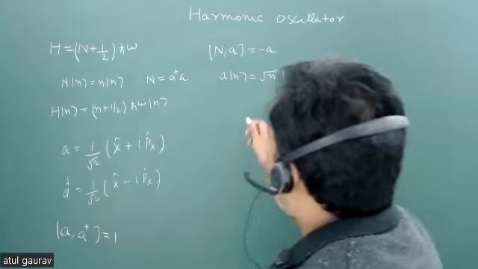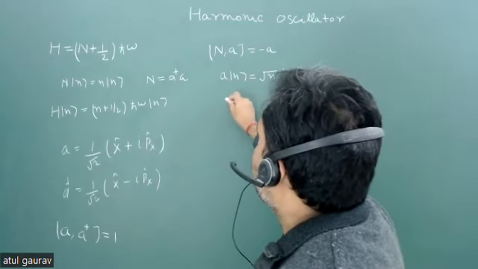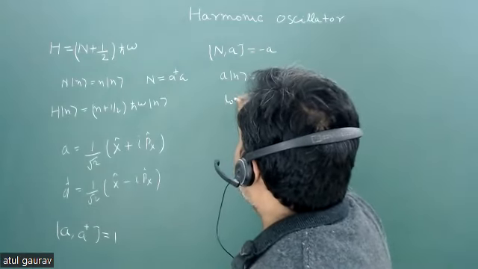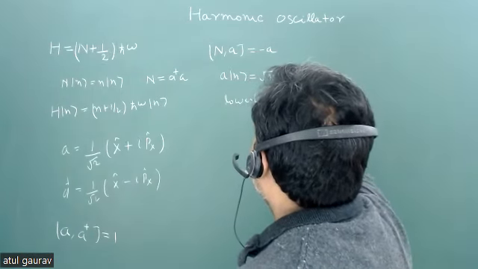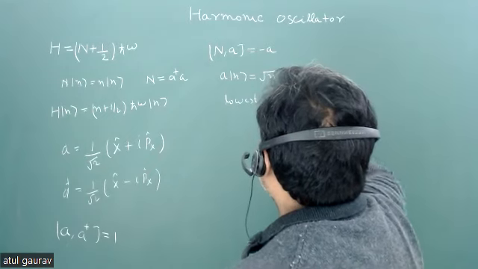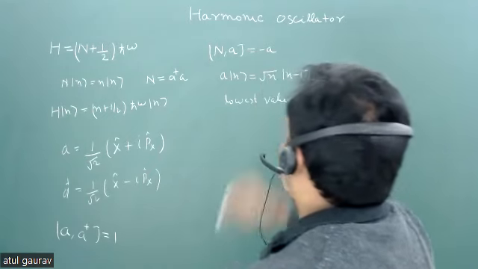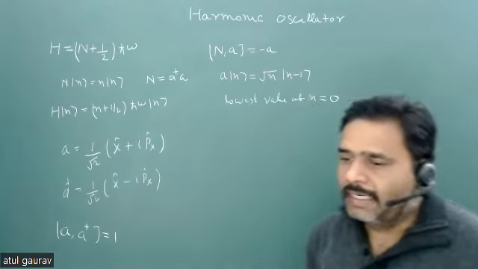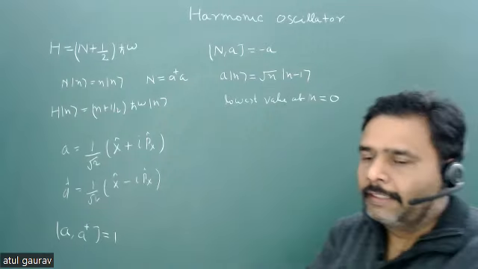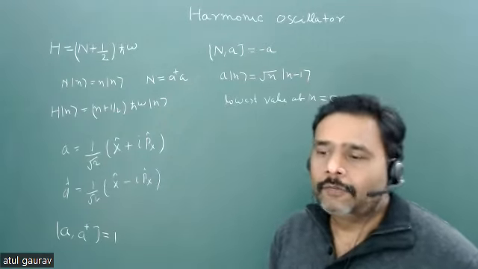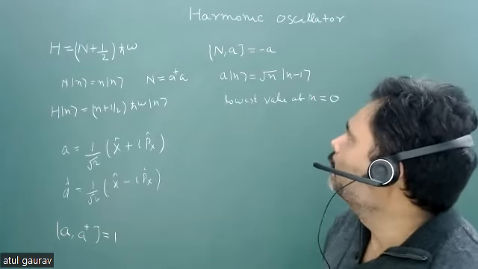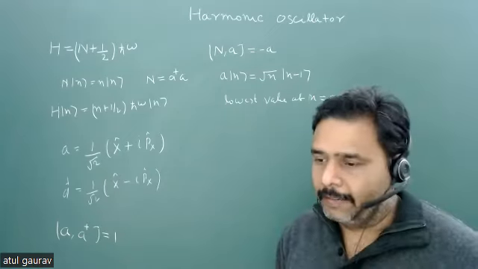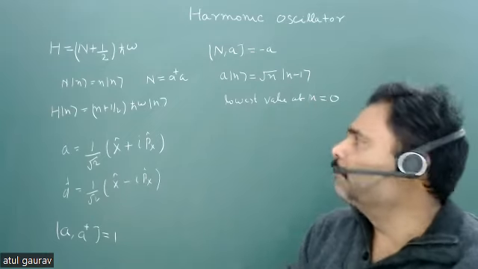From there we also gave the conclusion that the lowest value of n is equal to 0. So in the last class we have discussed all these things, and now let's try to see what are the other values of n and what is the property of A dagger. So let's try to go for this.